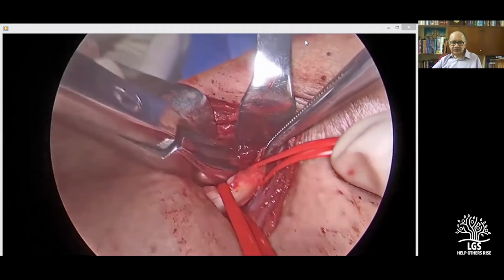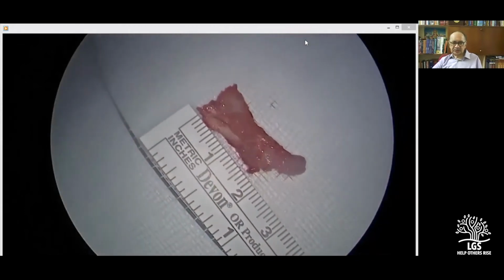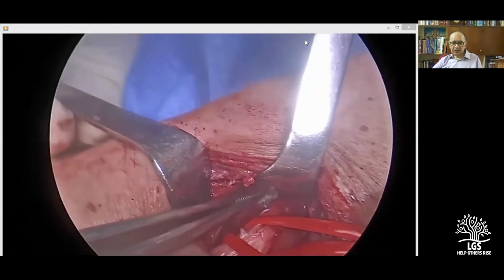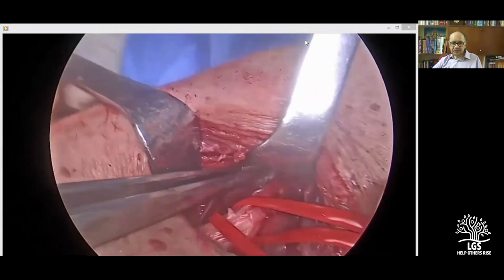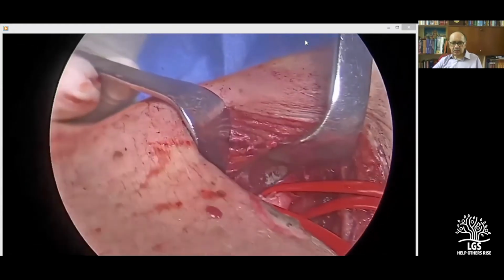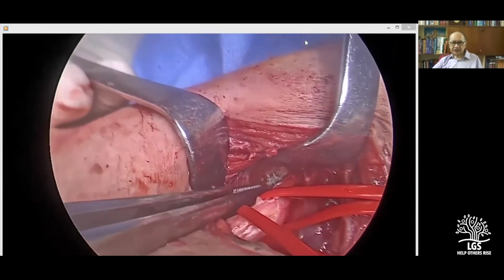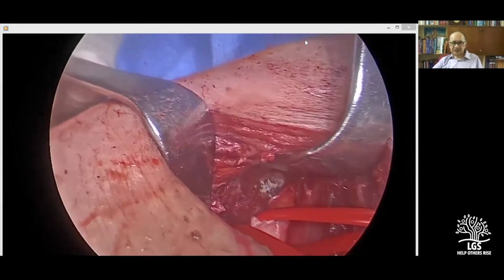And this is a good dissection because it came out as a single piece. Normally you get bits and pieces. And it is very important to divide all the fascias and tendons, otherwise the extensive fibrosis produces complications.